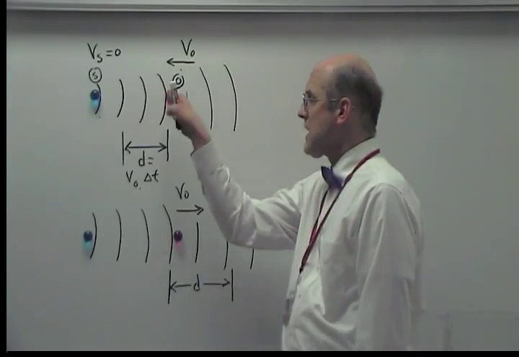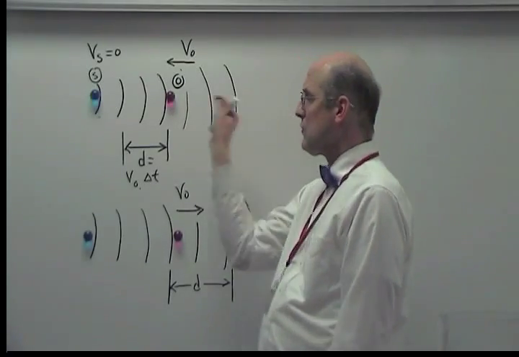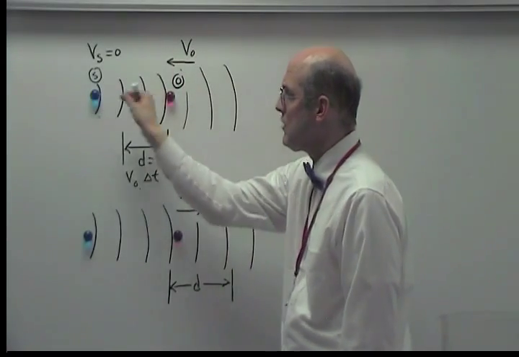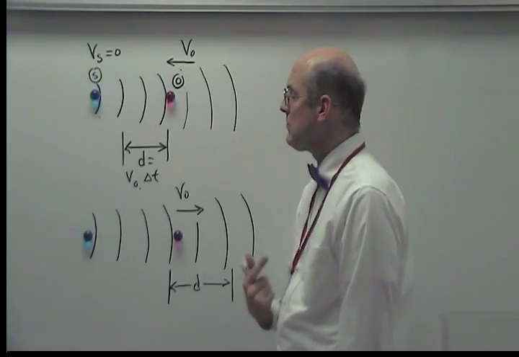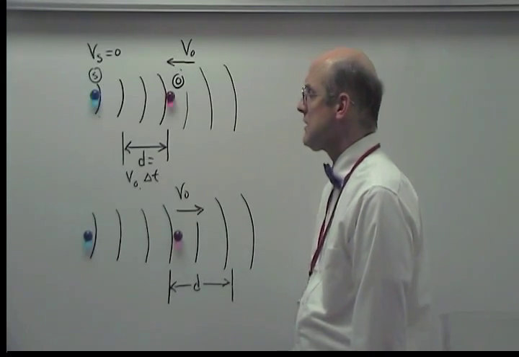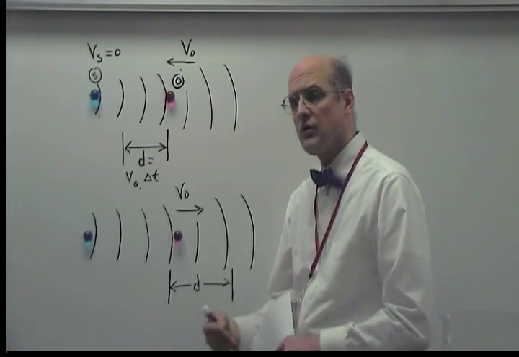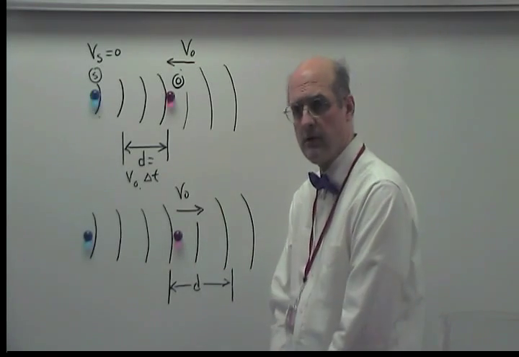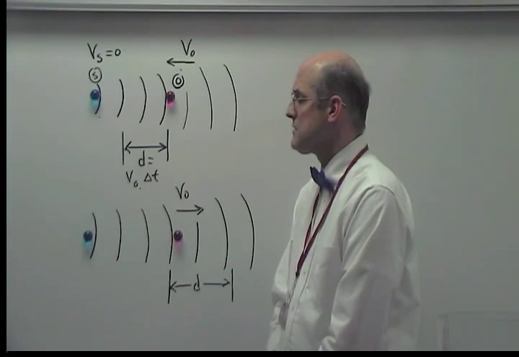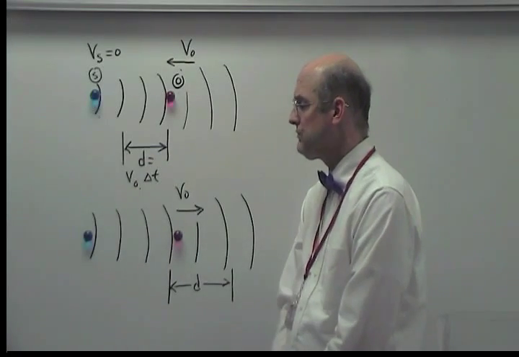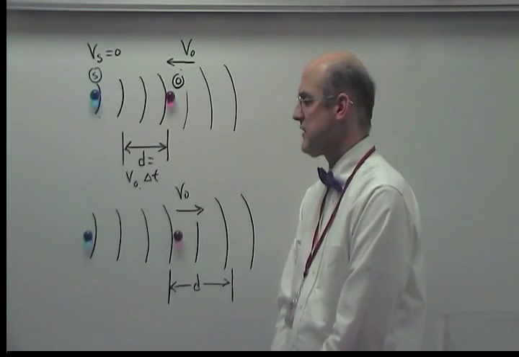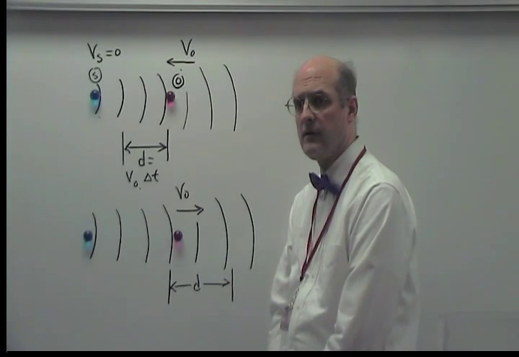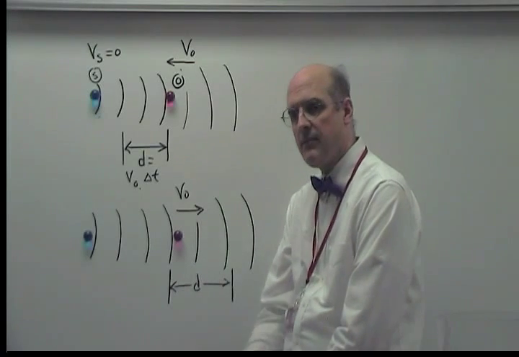So imagine that this is a helicopter and you're in it and you're flying over the ocean. These are ocean waves. When you fly over the ocean, you're going to see a certain number of wavelengths per unit of time. And the way you would figure that out is by taking the distance you travel, which is V_O times delta t, dividing it by the actual wavelength, and then dividing that by time.